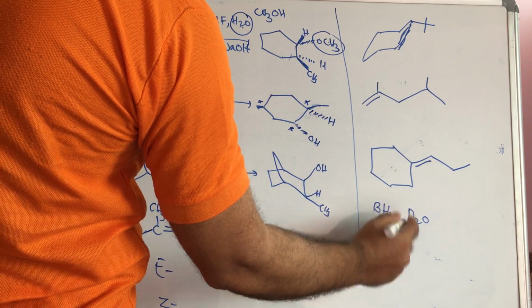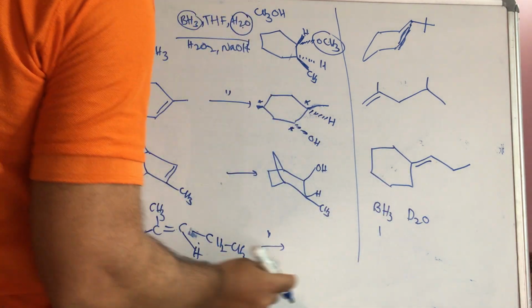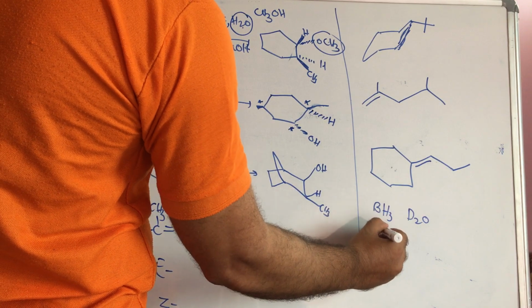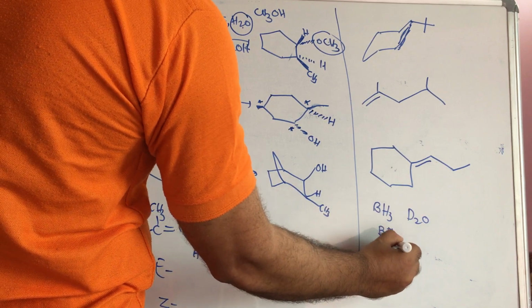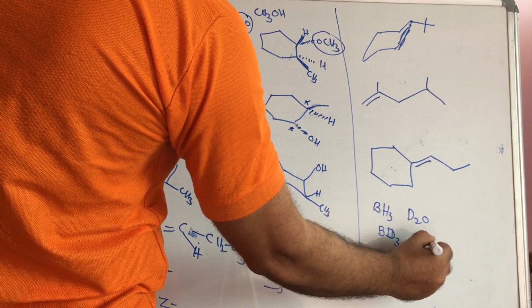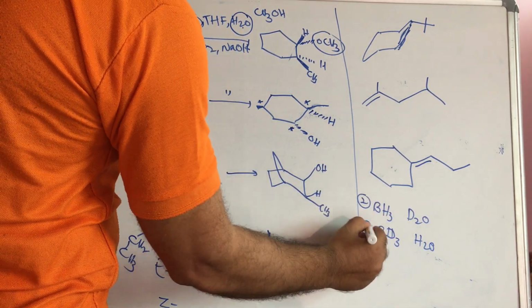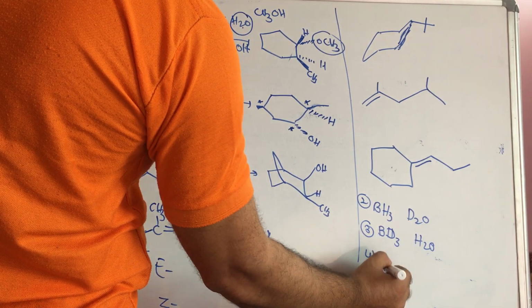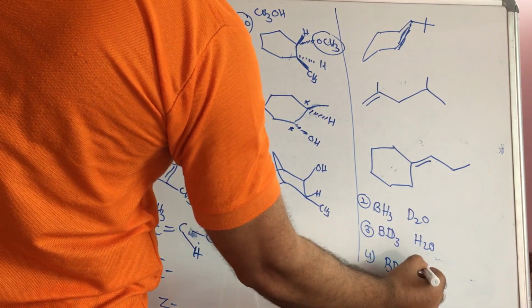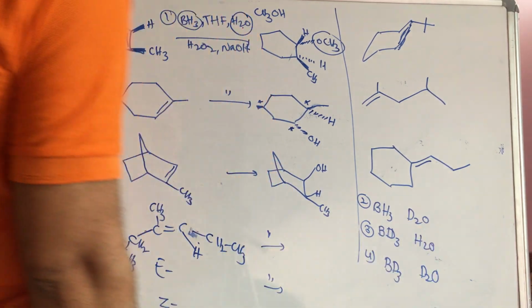Both are already BH3 and H2 respectively, and now one is changed. Now BD3, and this will be the H2O. So this is 1, this is 2, this is 3, this is 4. Here will be the BD3 and here will be the D2O.